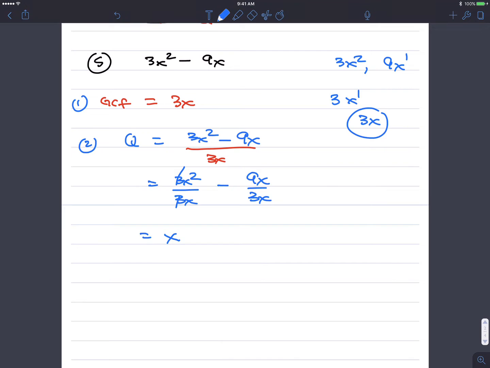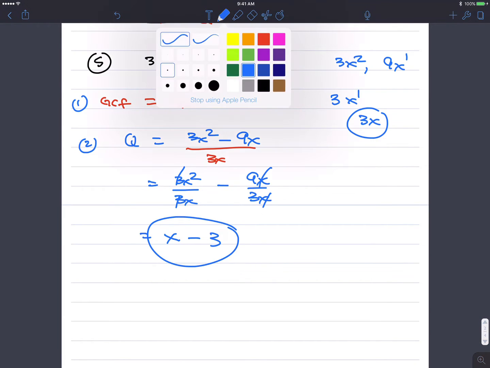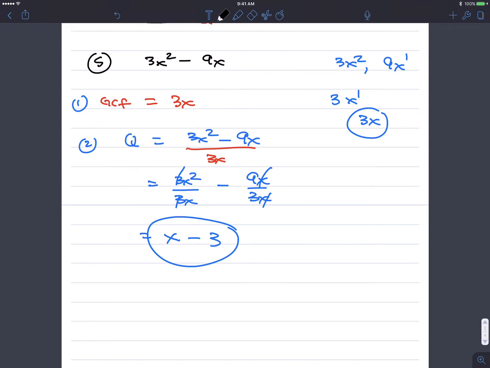Is that right? x's cancel. 9 divided by 3 is 3. So here's my answer. Greatest common factor, 3x. Quotient, x minus 3. And we're done. Okay, anybody have any questions on this one? Number 5, you're factoring out the greatest common factor.